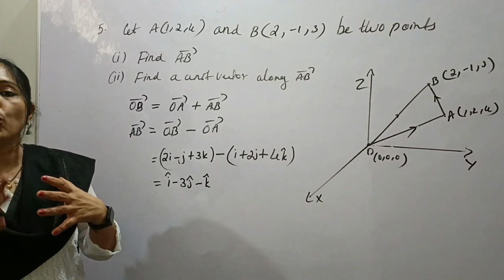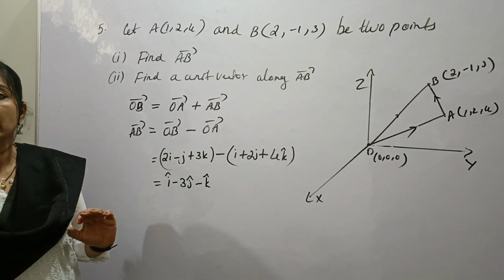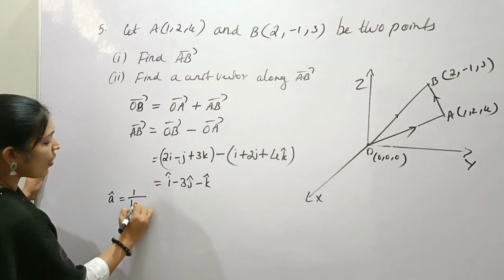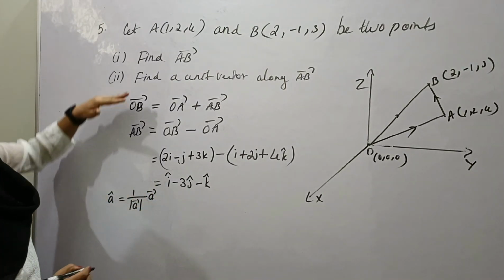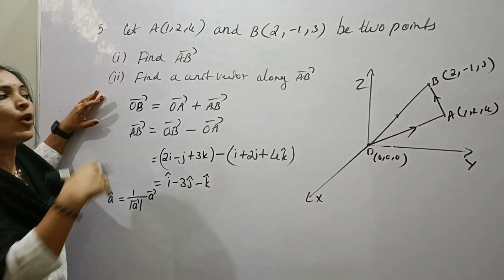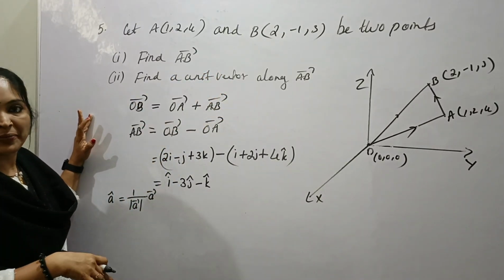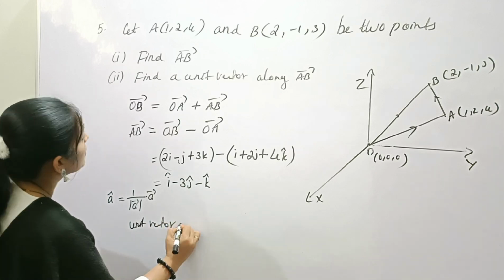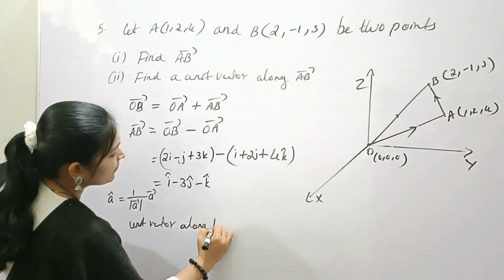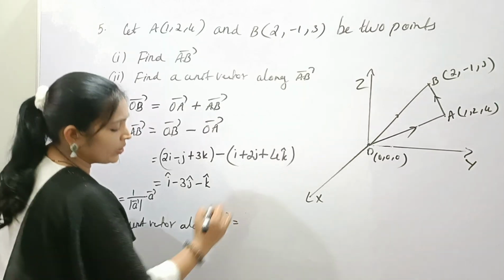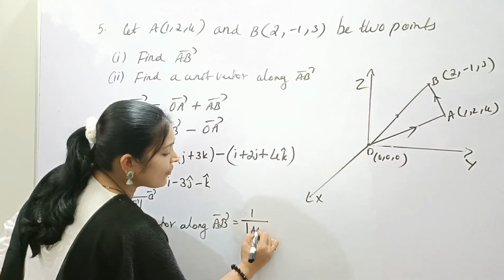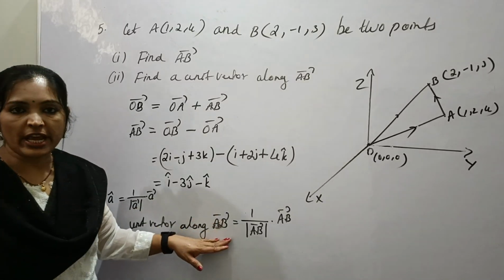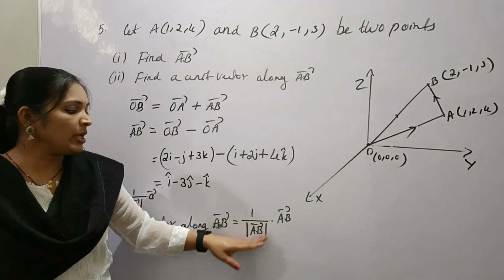We know how to find the unit vector in the direction of vector A: A cap, the unit vector A, is equal to 1 by modulus of vector A into vector A. So here we have to find the unit vector along the direction of vector AB, which is equal to 1 divided by modulus of vector AB into vector AB.